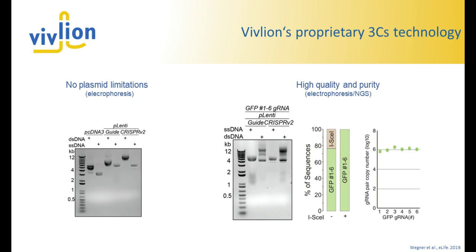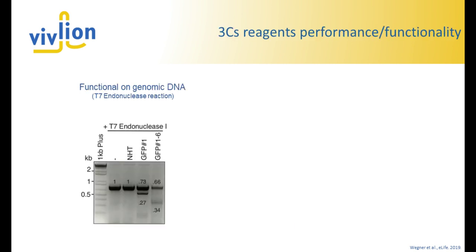And then we went on and took those sequences, produced lentivirus of them, and applied them to cells expressing GFP. And this is shown here with a T7 endonuclease assay demonstrating the functionality of these constructs, either in untransformed cells, so this would be the first lane with the minus, or cells transduced with virus encoding a non-human target sequence as well.